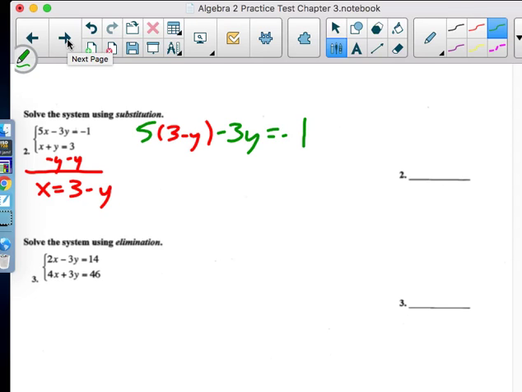So what would we do next? What are you thinking, Maddie? You seem to be writing a lot. What would you do next? Absolutely. Then it's going to look like that. Yosh, what would you do next?